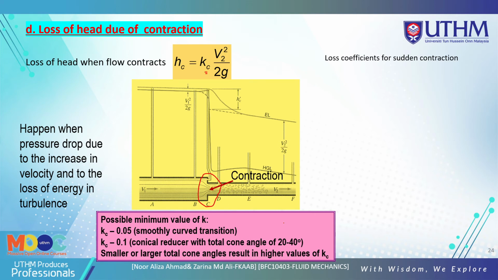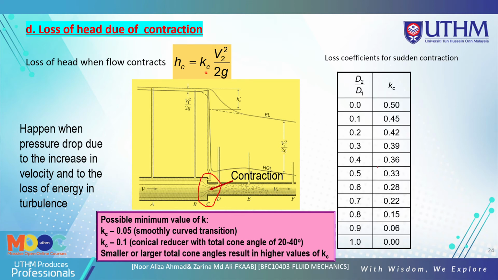This is the possible minimum value of K, the loss coefficient for sudden contraction. So D2 is divided by D1. The contraction is from the big diameter to the smaller diameter, so diameter 2 to diameter 1.